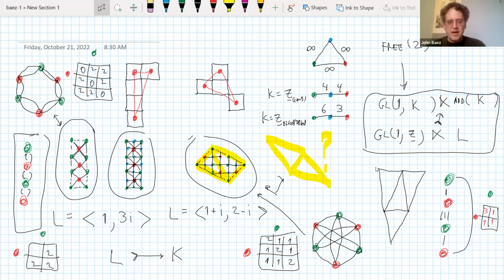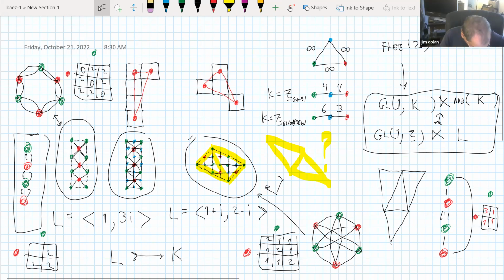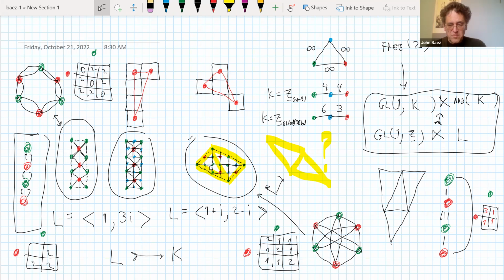What I'm saying in the end is, see that picture where you drew a little circular blob around the parallelogram that has lots of yellow in it? That was your elliptic curve. Now you're going to mod out by a Z mod 2 action.